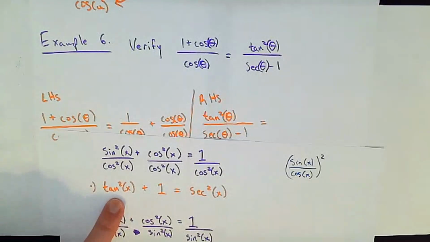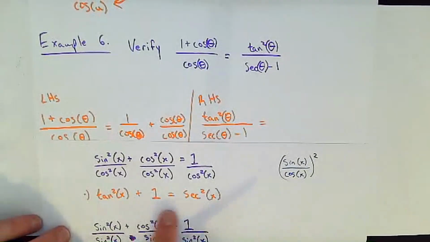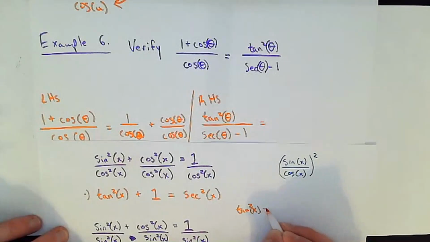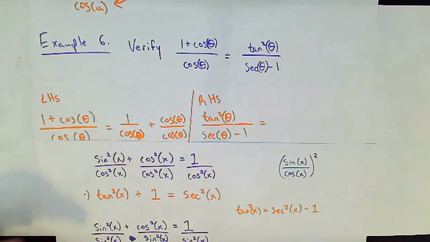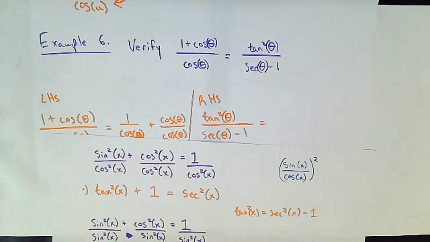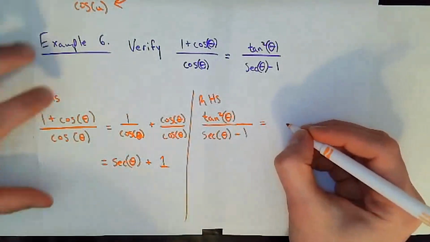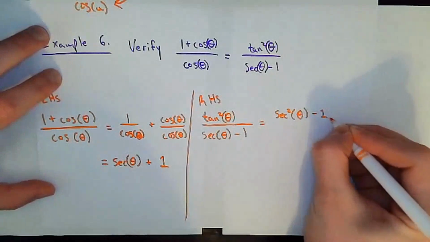It says that tangent squared will be equal to secant squared minus 1 if I subtract the 1 over, just manipulating the identity a little bit. So that means I can replace tangent squared theta with secant squared theta minus 1.